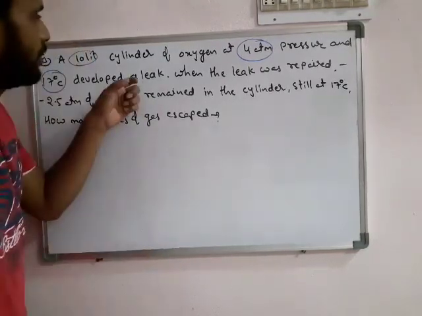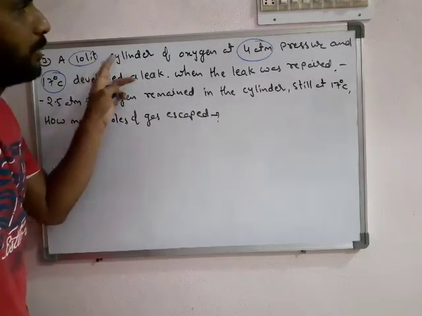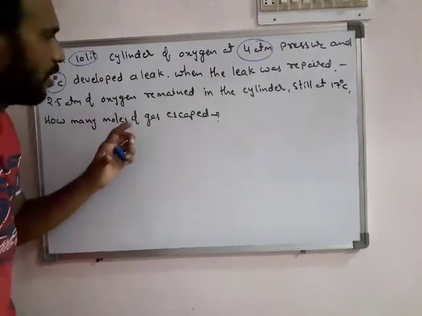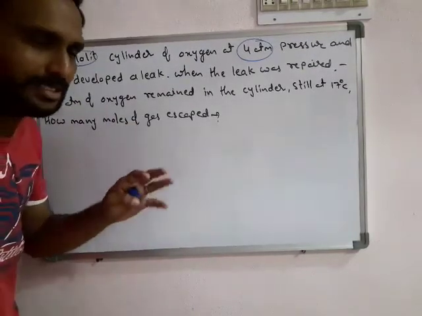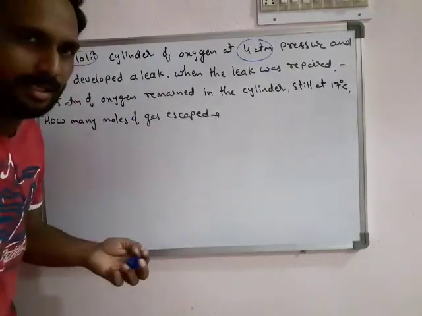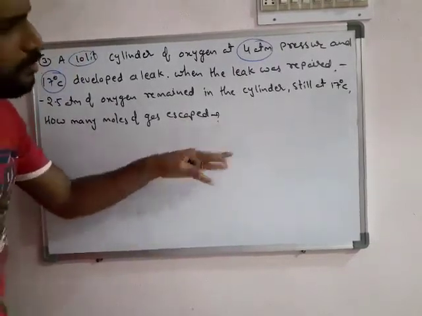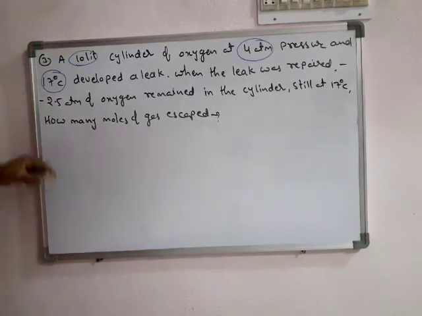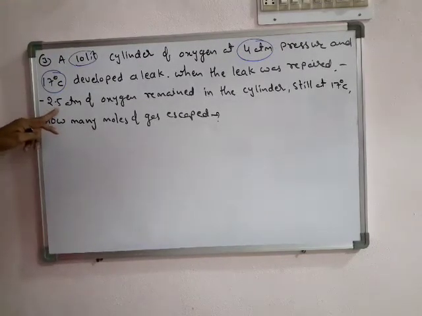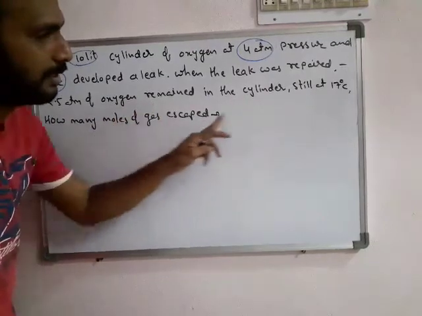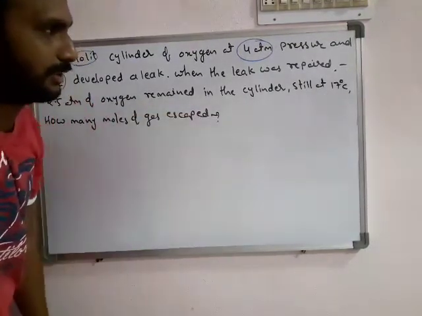At first, in 10-liter volume, at 4 atmosphere pressure and this temperature, there is a formation of a leak. Due to that leakage some gas went outside. After that leak was totally repaired, 2.5 atmosphere of oxygen remained in the cylinder, but there is no change in temperature.